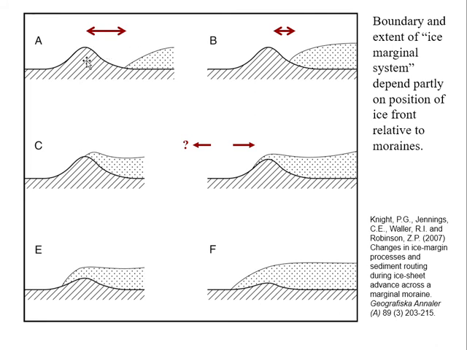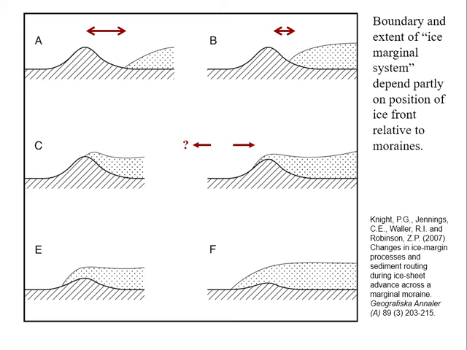If you follow that line of reasoning, then the extent of the ice marginal land system would be shrinking as the glacier advances towards that crest, but then would expand again as the glacier overwhelms the moraine and opens up this whole distal proglacial area as being now directly connected to the front of the glacier.